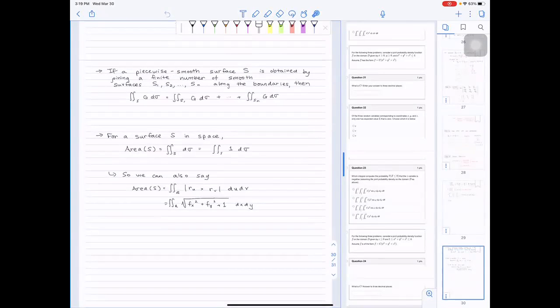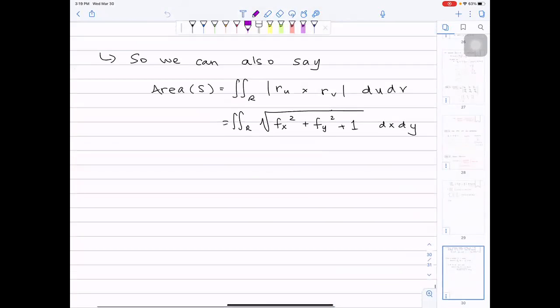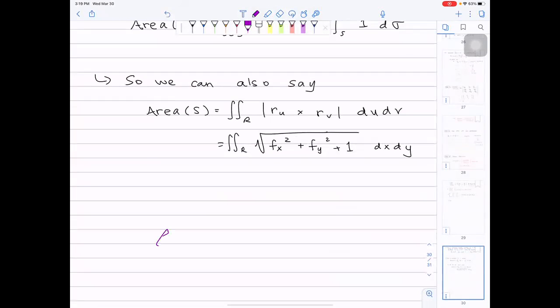How do you get from this to that? So you multiply it out. You have the square root of the first term, rho squared sine squared phi cosine squared theta, plus rho squared sine squared phi sine squared theta.